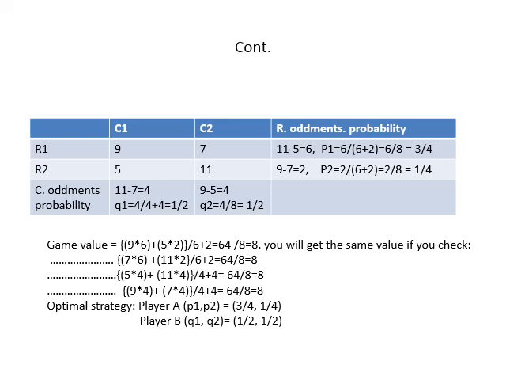So the difference between them, 9 minus 7, is 2.